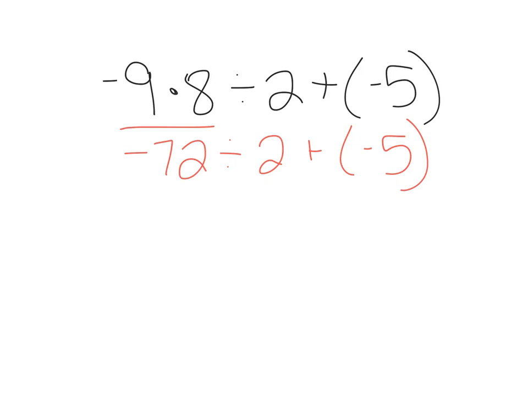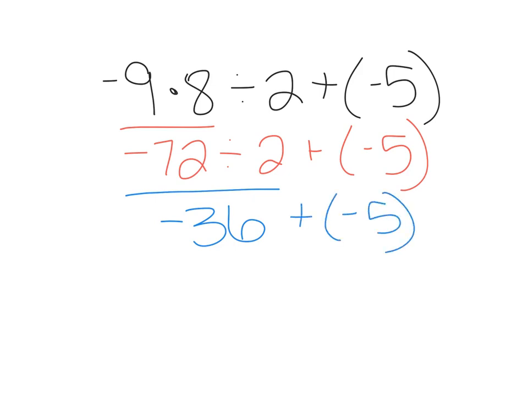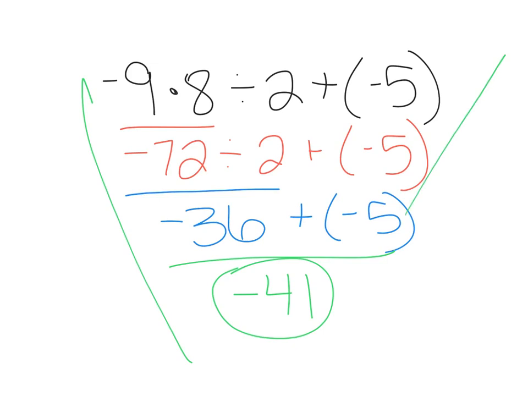So we multiplied first. Then now we're going to do -72 divided by 2 gives us -36. Remember, one's positive and one's negative, so it's going to be negative. So -36 plus -5. Same signs, add and keep. So we have -41 as our answer. We've got our pizza pie, and we are all done. -41.